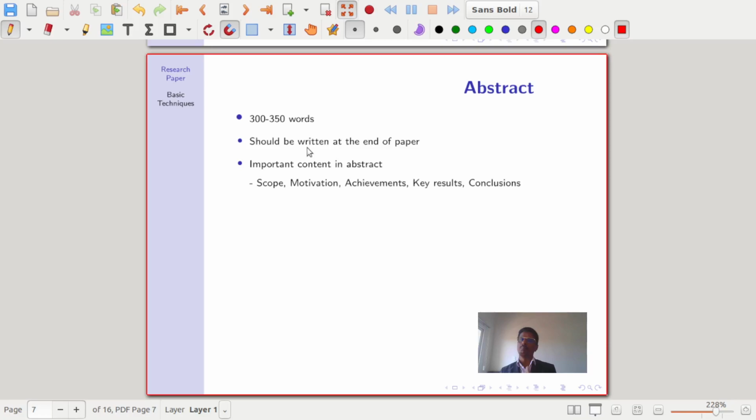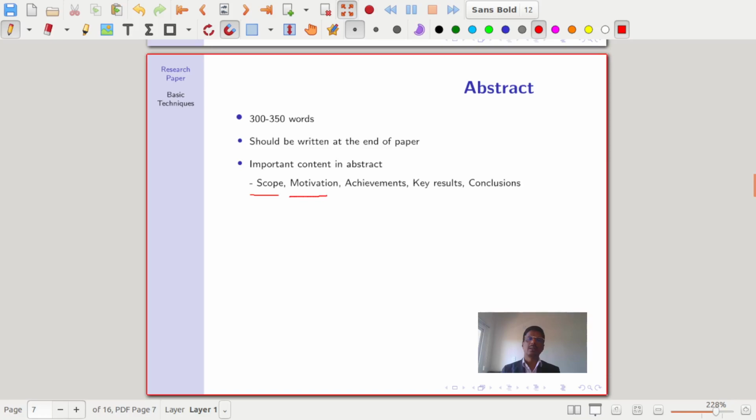It should be 300 to 350 words. What are the important sections or points you should include in the abstract? The scope, motivations, key results, achievements, and conclusions of the paper.